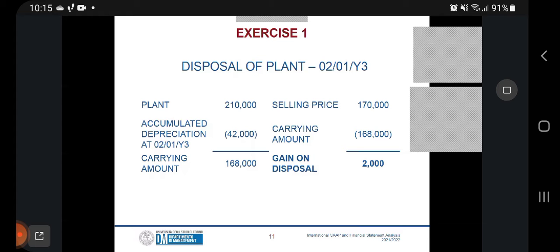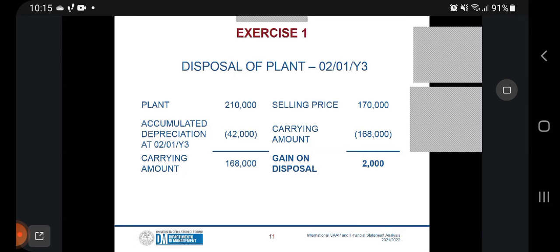And let's go on. The selling price is equal to 170,000. If I compare the selling price to the net carrying amount equal to 168, I have to account for a gain on disposal equal to the difference between 170 and 168, namely 2,000.